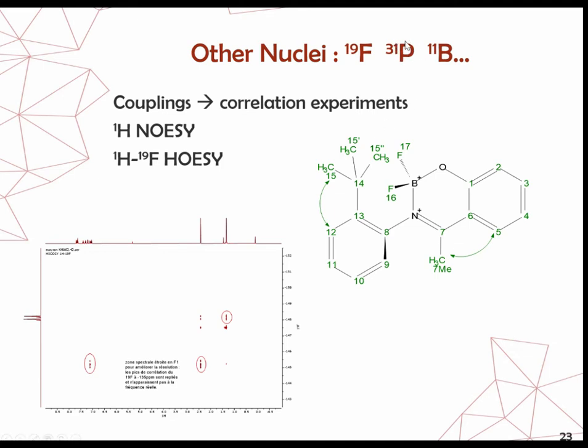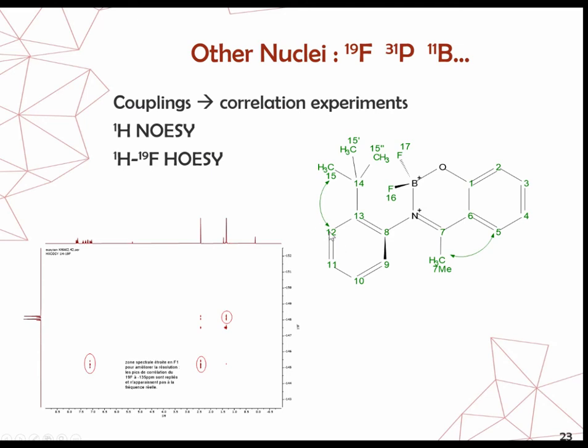For phosphorus, for example, it's very easy to make proton-phosphorus correlations. I won't show them to you today, but on the same molecules that are shown on the previous slide, here we used standard proton NOESY, and we have seen that we had correlations between the methyl here and this proton, the methyl here and this proton, for example.